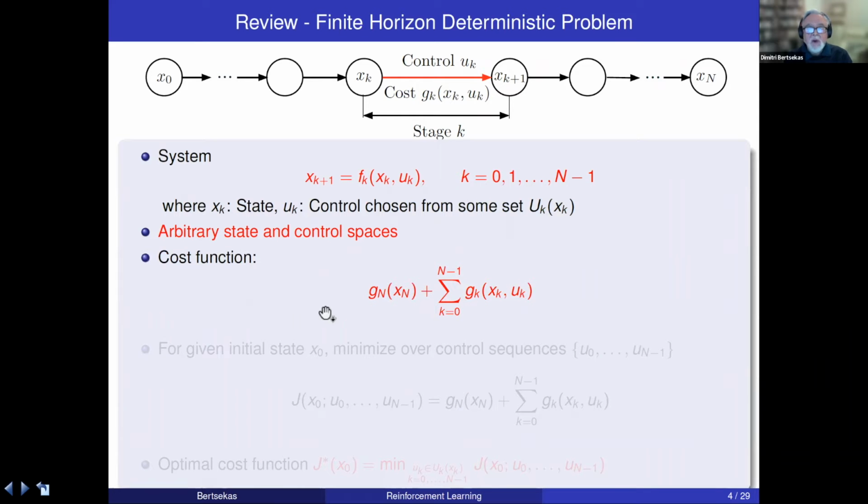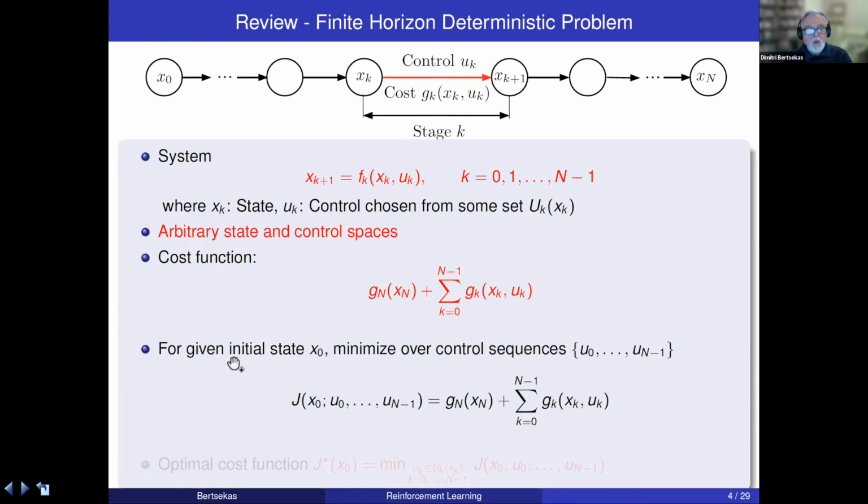Okay, so given a sequence of controls, there are all these costs generated, and there's also a final state cost. And this is our cost function. And what we want to do, for a given initial state x0, is minimize over all control sequences this cost expression, the total cost. Now, for every sequence of controls, this cost is defined.